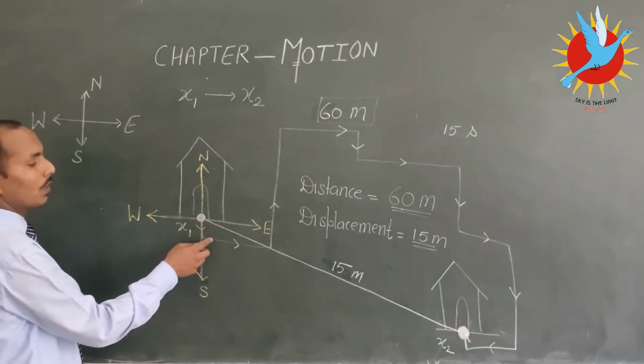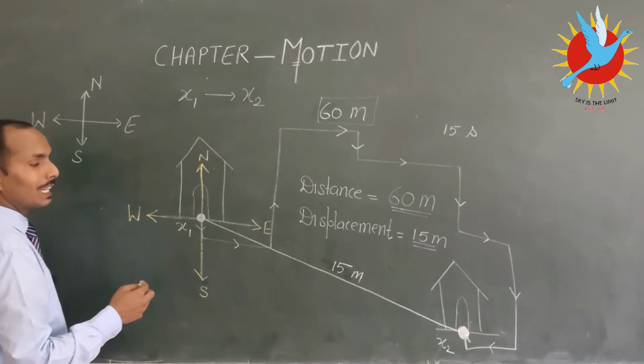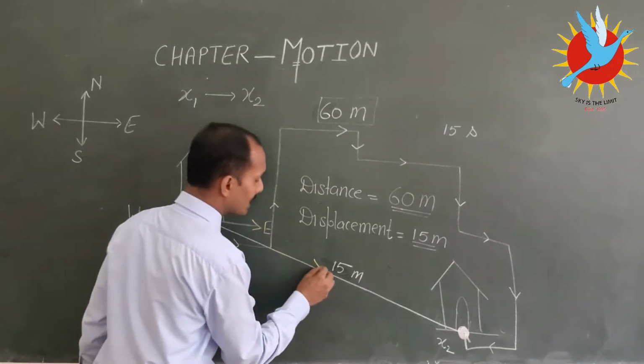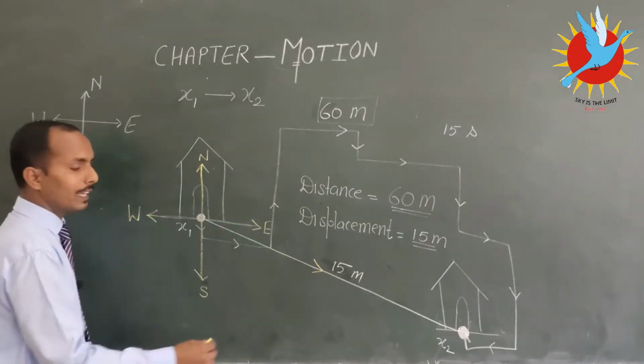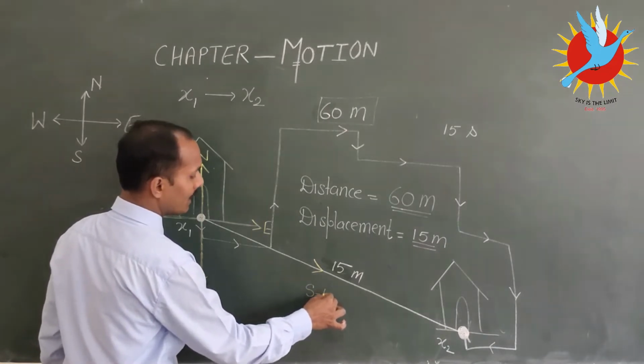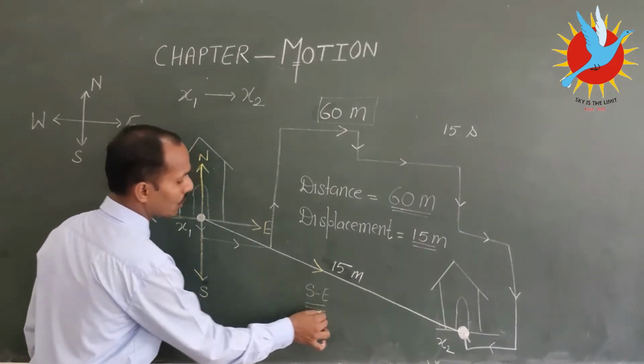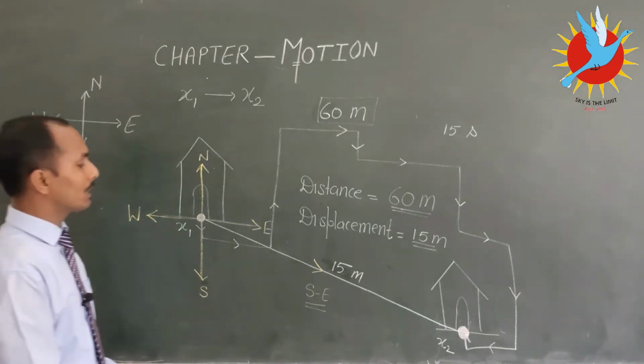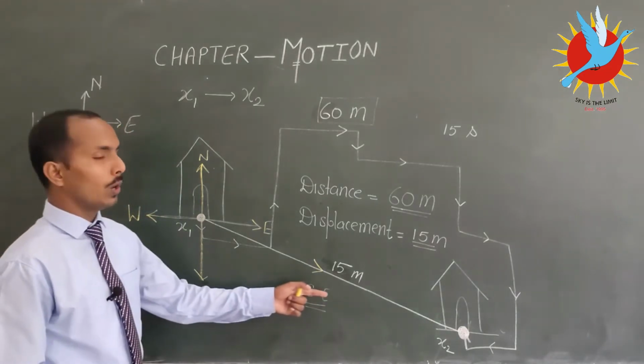Then its direction is southeast. The direction is the direction of the person, so displacement is along southeast.